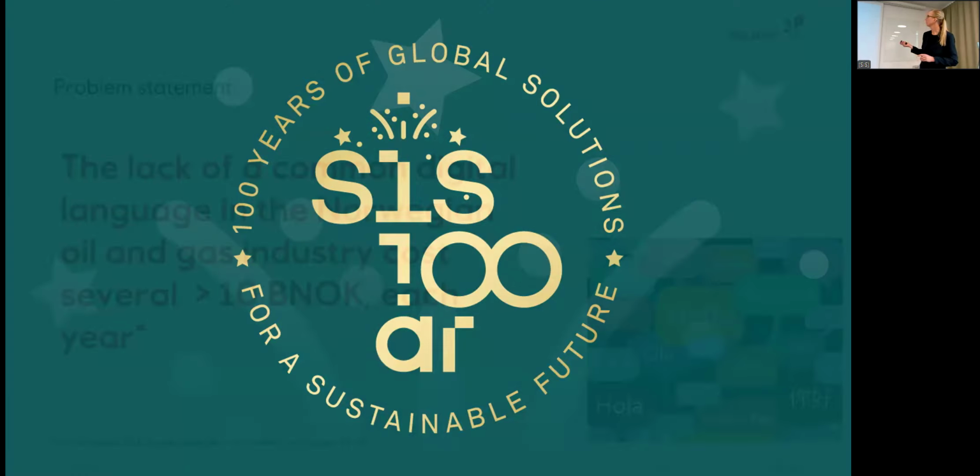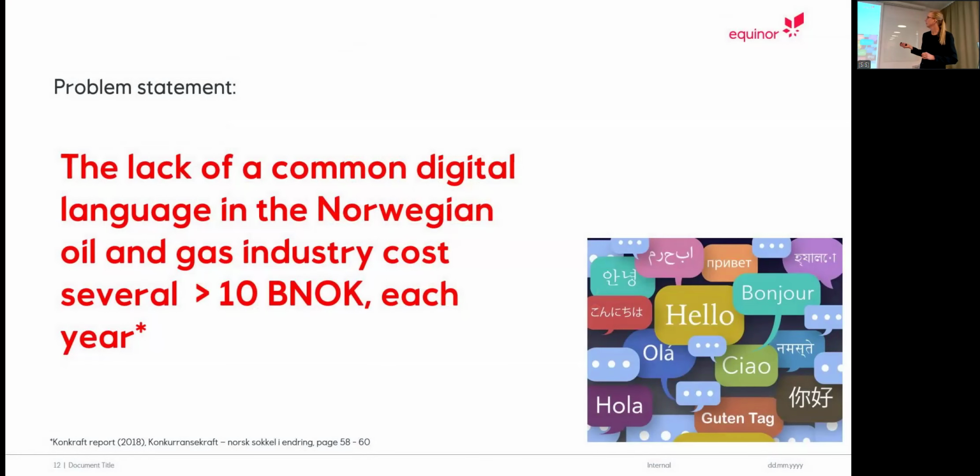And I think this is quite interesting. This is from Norway, a few years back, but still, they estimated that the lack of a common digital language in the Norwegian oil and gas industry cost more than 10 billion Norwegian crowns a year. So it's always interesting to see numbers. And then you can ask, is this a lot? When I looked at this a while ago, I saw that the Norwegian gross domestic product is about 4,000 billion.